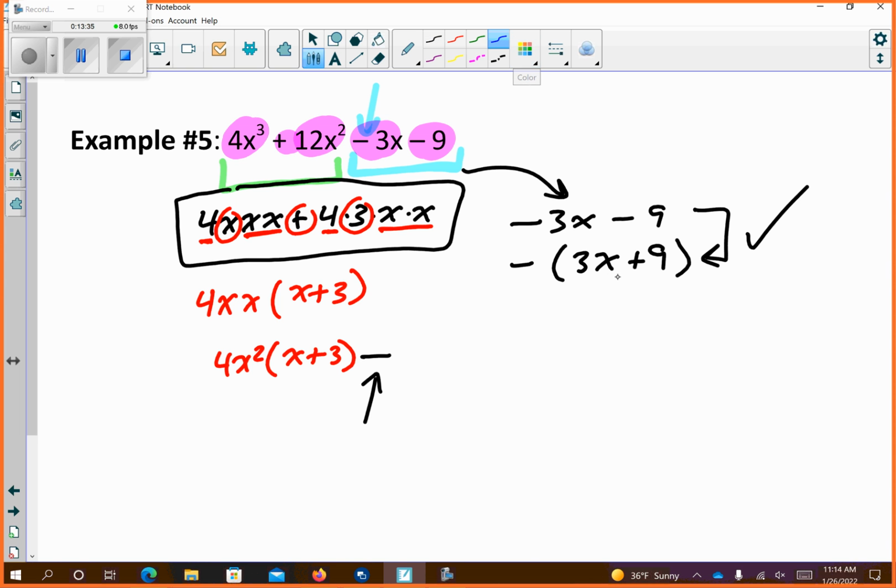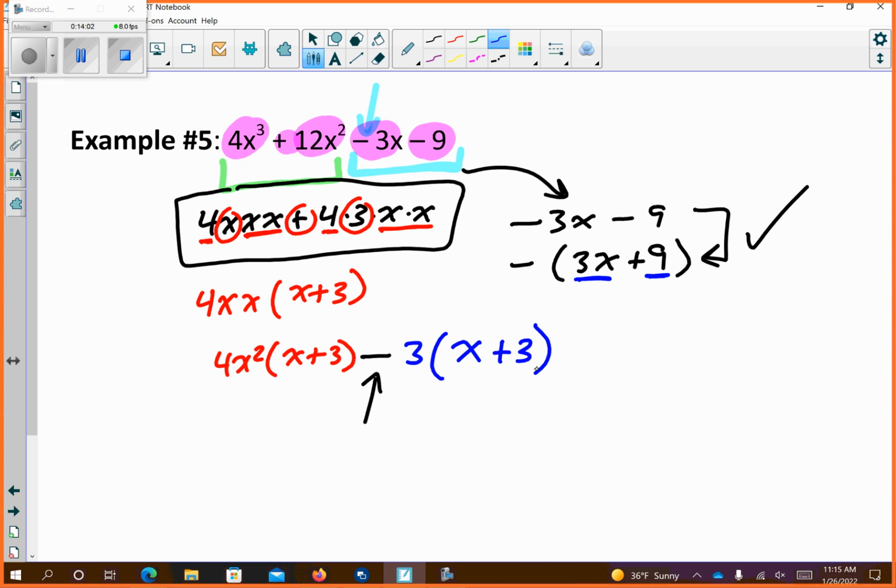All right, ready? What can I factor out of each of those? 3. If I factor 3 out of 3x, I'm left with x. If I factor 3 out of 9, I'm left with this. Let's pause for a sec. Do you feel comfortable with the math I just did?